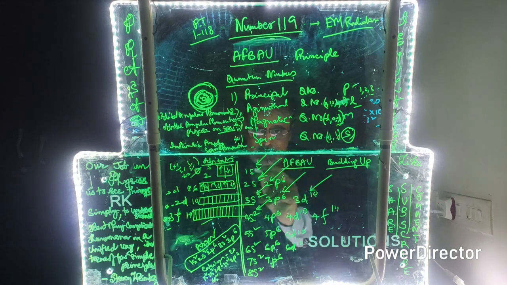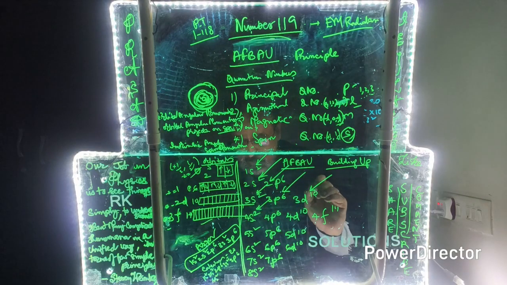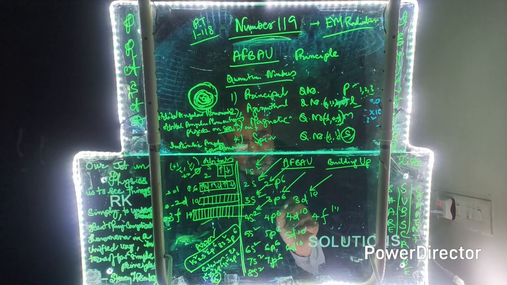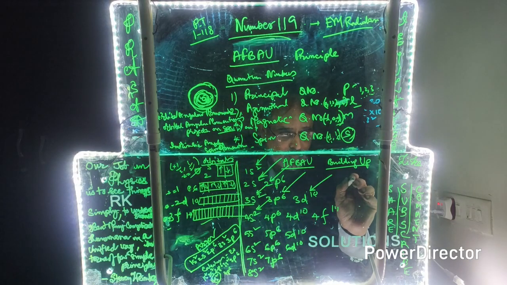Till here, they were regularly following the convention of filling of the electrons. But here, 4s2 and then 4p6, it should have been like this. But what happens here is, for 4s2, what is the energy? Energy is 4, the principal quantum number, plus s is 0, so it is 4.